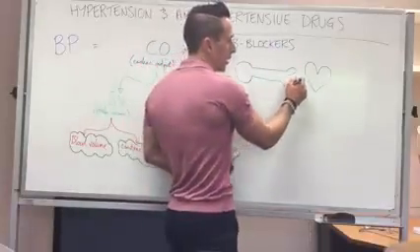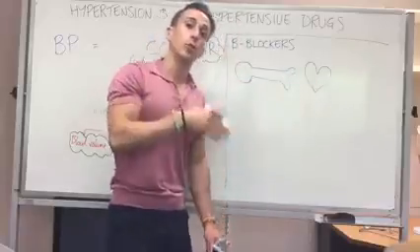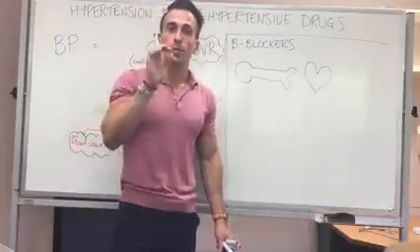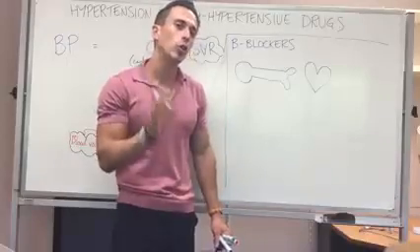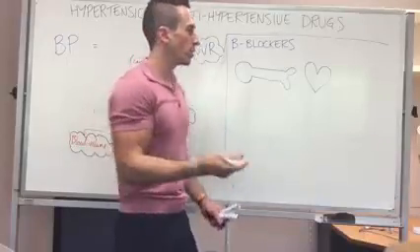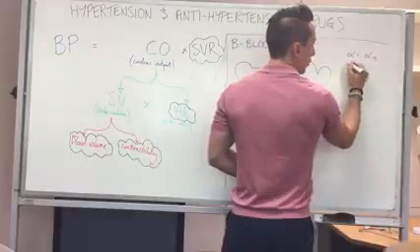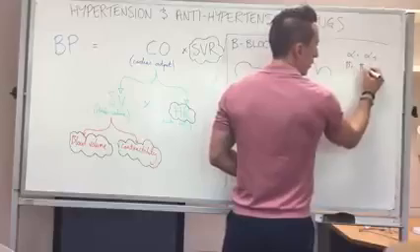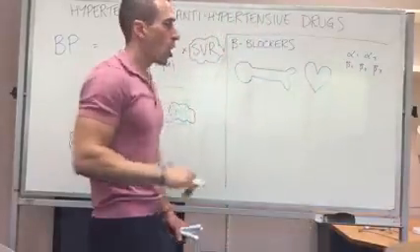It will either be adrenaline or noradrenaline, which means adrenaline or noradrenaline need to bind to specific receptors called adrenergic receptors. Remember, you've got alpha 1, alpha 2, beta 1, beta 2, beta 3 adrenergic receptors.